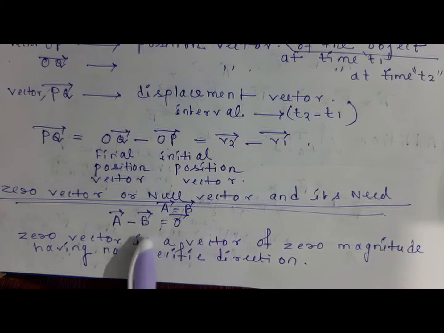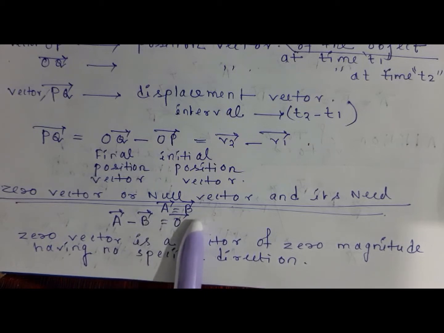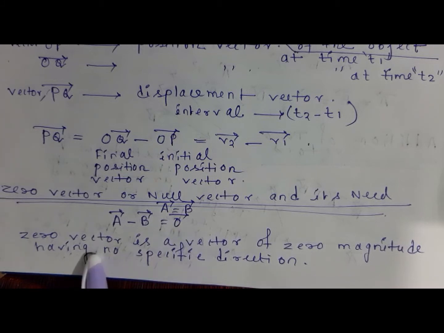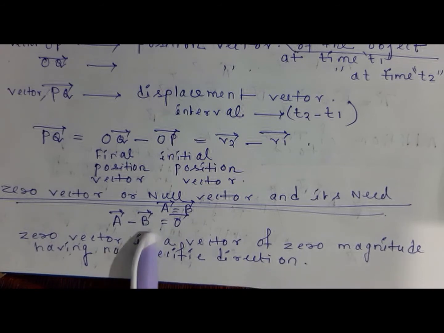Now if I consider two vectors, a vector and b vector, and I say that both are equal, then when you bring the b vector to this side, it becomes a vector minus b vector, and on this side you can write 0 vector. So the difference of two vectors gives you the 0 vector. This 0 vector has 0 magnitude, but it does not have any direction. You cannot get any direction for this 0 vector.